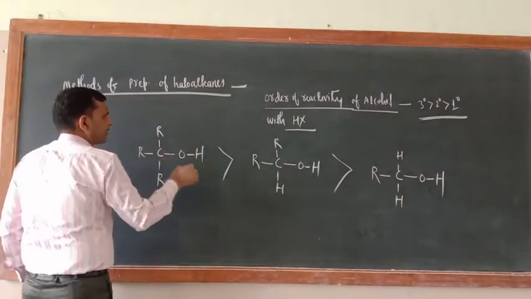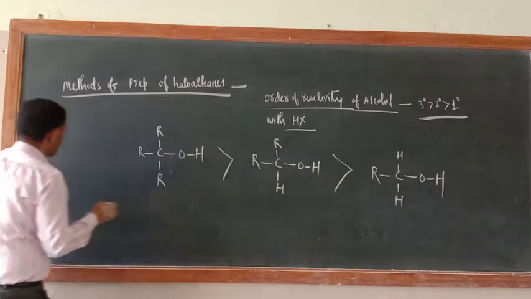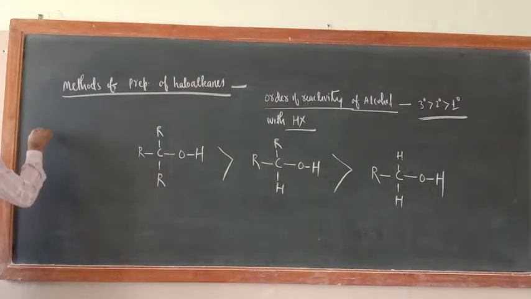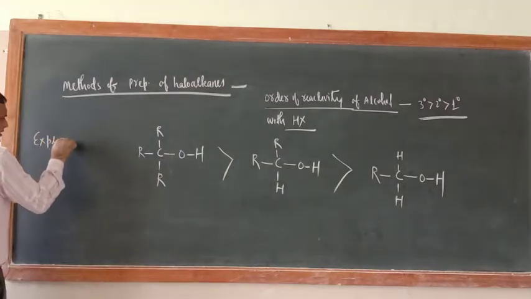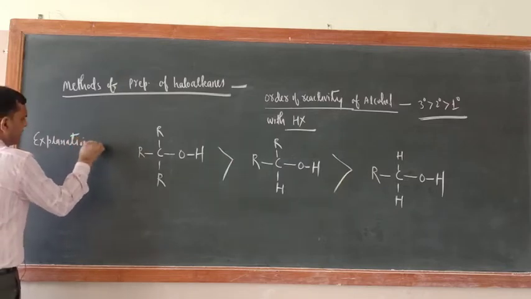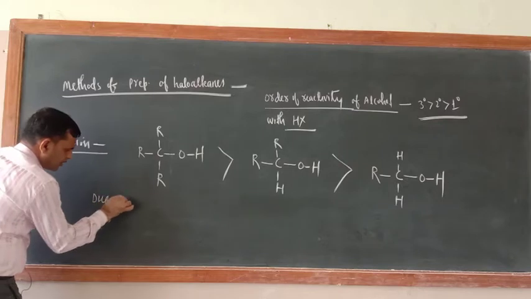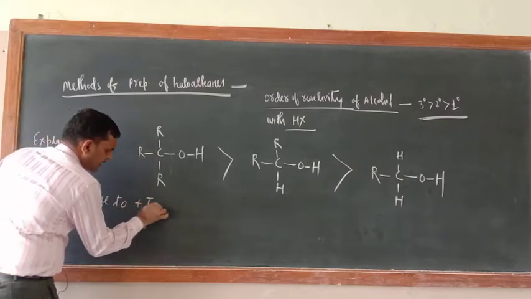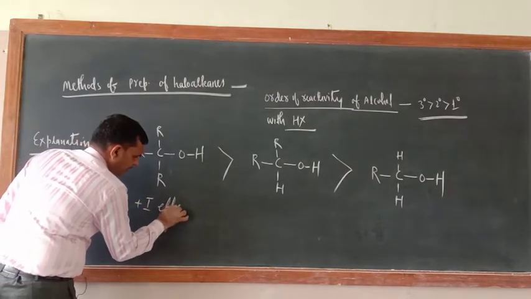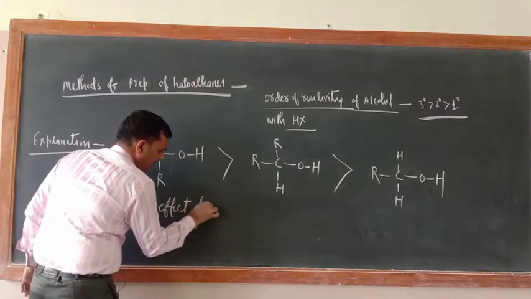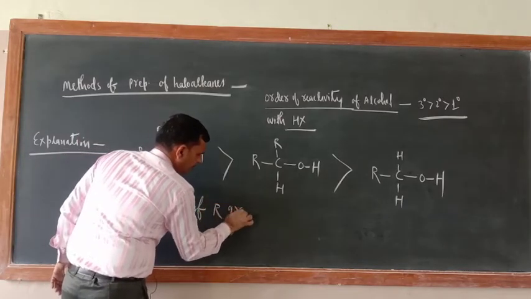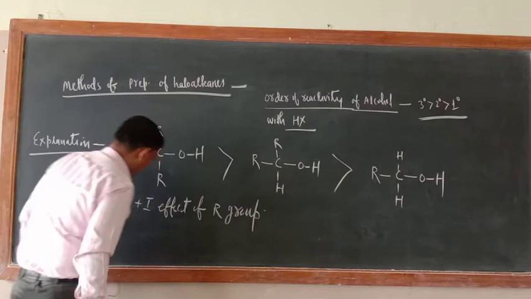Just see here, write: due to plus I effect of R group.